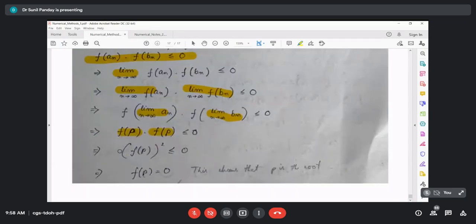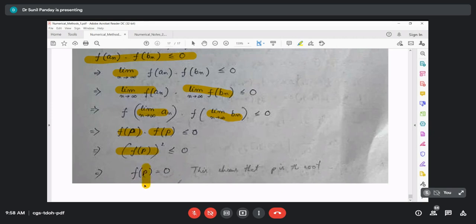And then you finally have f(P) squared is less than or equal to 0. If the square of some quantity is less than or equal to 0, it means that quantity itself is 0, because the square cannot be negative. So f(P) is 0. If f(P) is 0, it means P is a root of f.